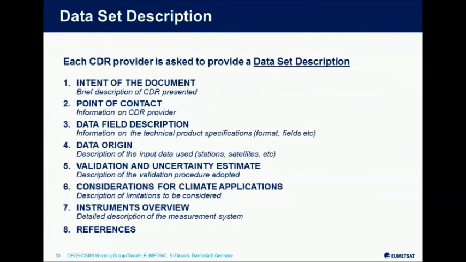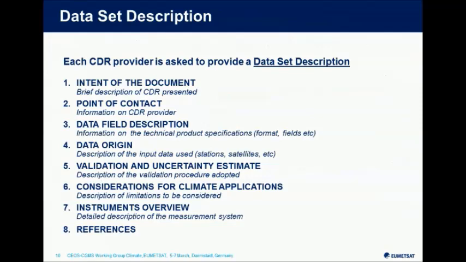So the format of the dataset description is like this. First it gives a brief description of the CDR, what quantity is there and so on. Then one important point is the point of contact, so the user can contact and get some more information about the data set.